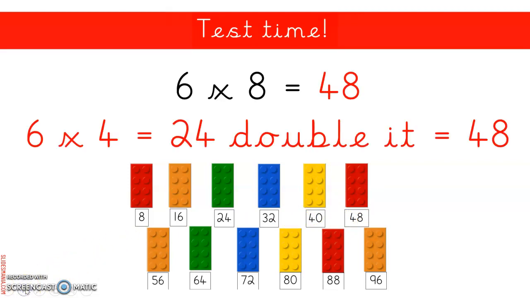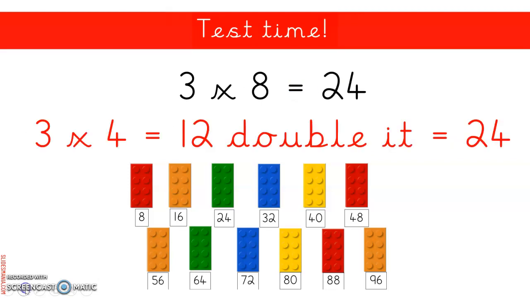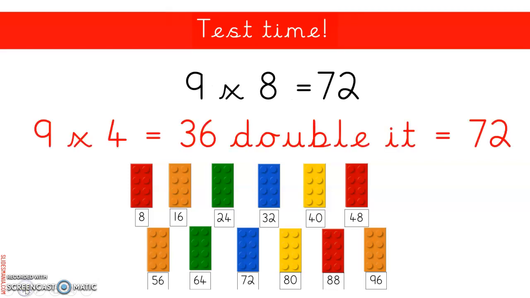I could have done 6 4s are 24 and double it. 3 times 8. 24. I know 3 4s are 12 and I just doubled it. 9 times 8 is 72. 9 4s are 36. Double 36 is 72.